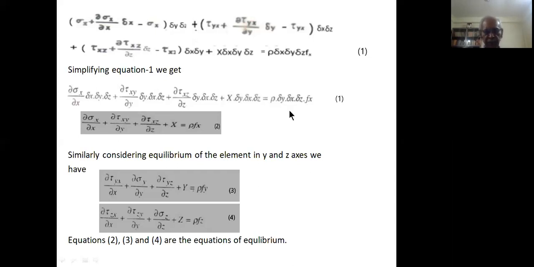Now in the next step, we cancel out this volume term. You will see that in all the parts, this is the common thing: delta x, delta y, delta z, which is basically the volume.